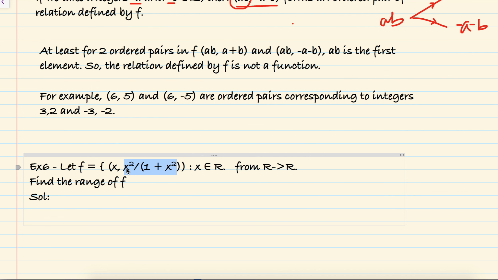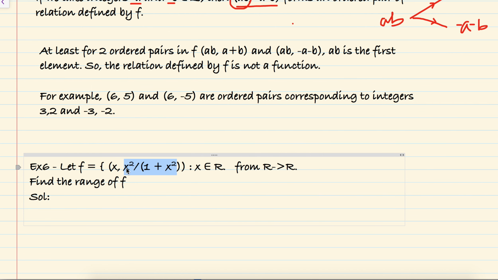If x is 0, it will become 0. If x is 1, then it's 1 by 2 or 0.5. So somewhere here. If x is 2, then somewhere here. So this function will be like this.